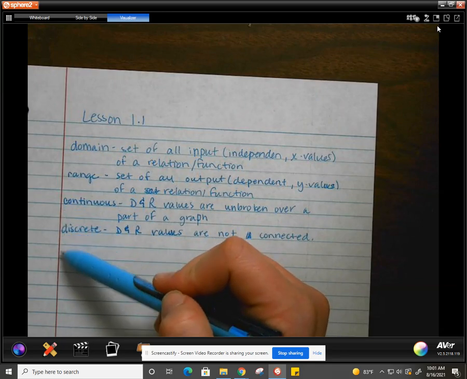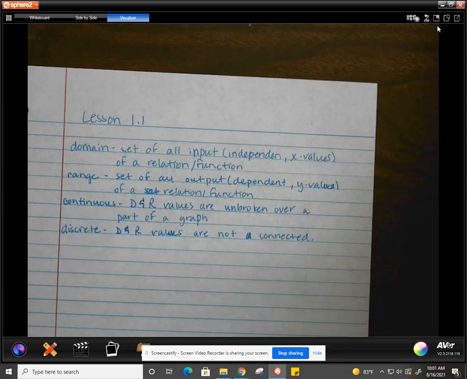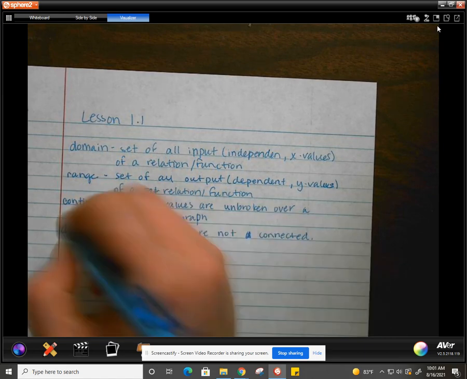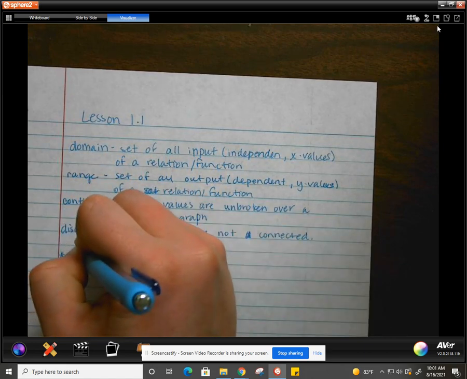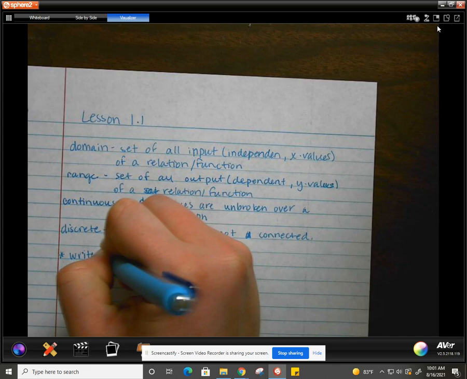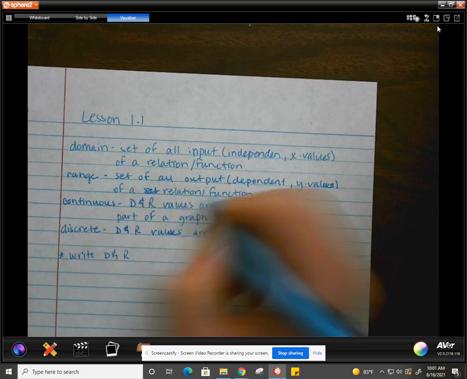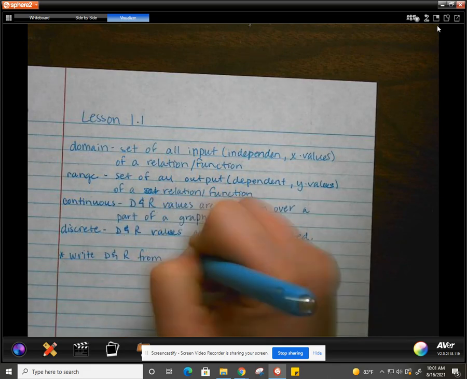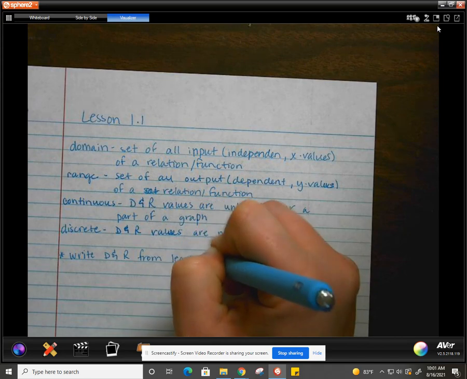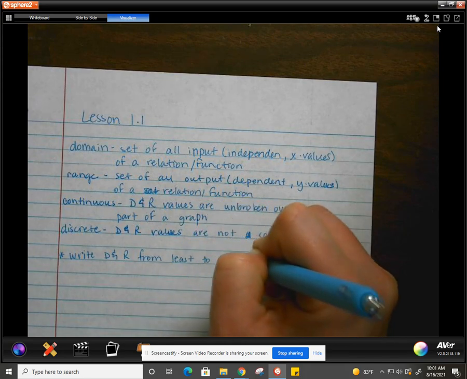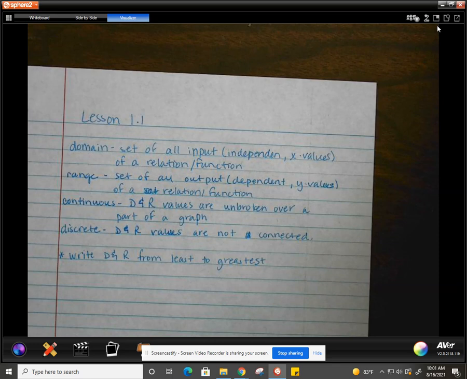Discrete starts with a D, dots. Okay, you always must write domain and range from least to greatest, which means that you need to go domain left to right and greatest bottom to top.